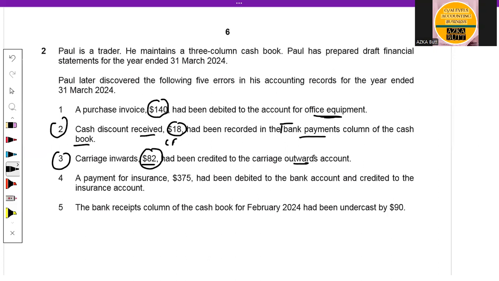That's why we have to debit the carriage outwards account, because we want to increase it. If there is some balance in the carriage outwards account and you credited it, you mistakenly decreased it. So we have to increase it with $82, and also increase the carriage inwards account with $82. And where there is nothing on the credit side, there would be suspense.